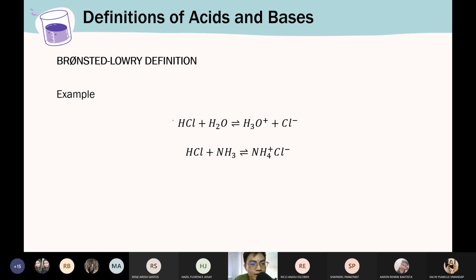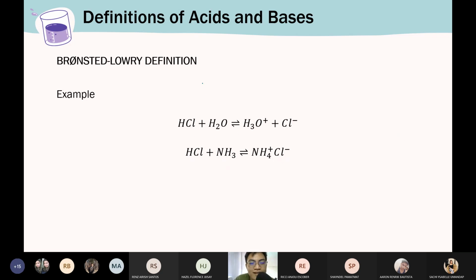So, let's look at some examples. For example, let's look at HCl. When you add HCl to your water, what happens? It produces hydronium ion and chloride anions. So, ano ngayon?